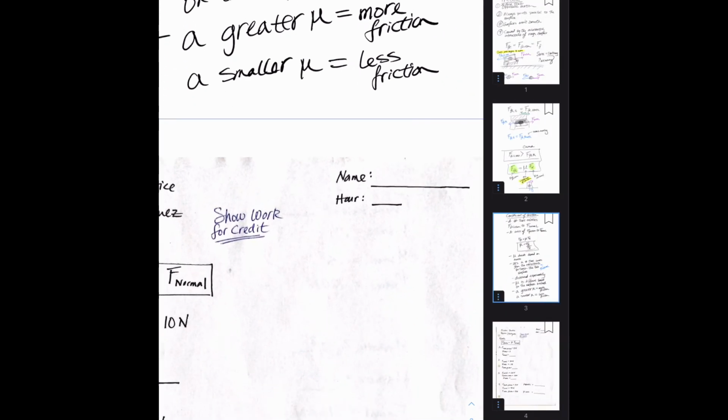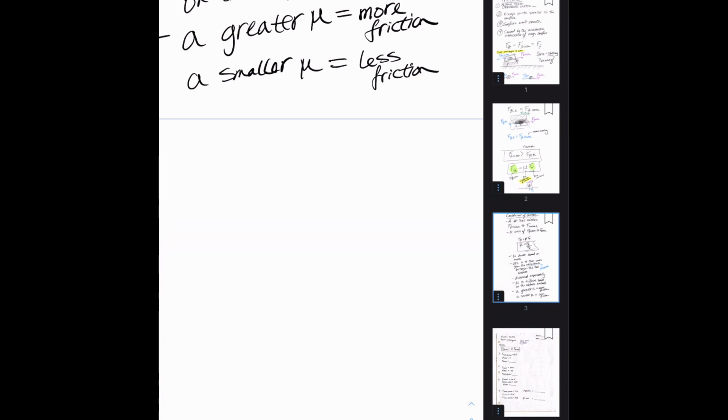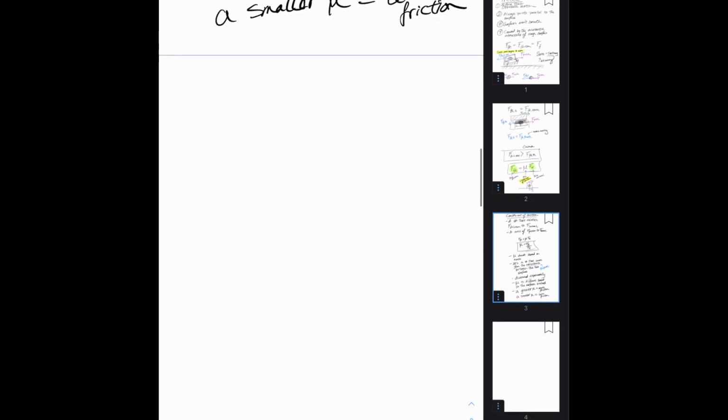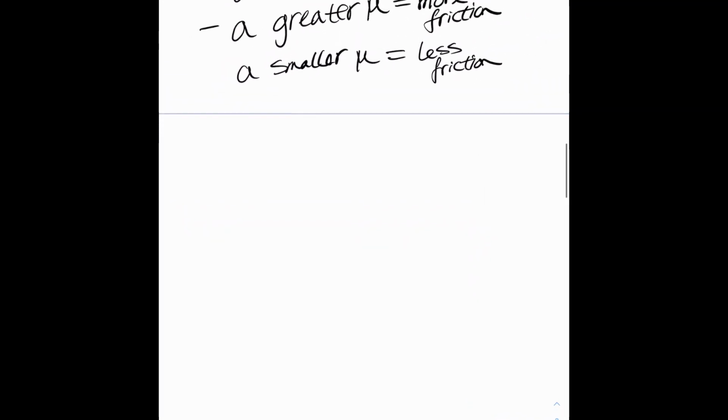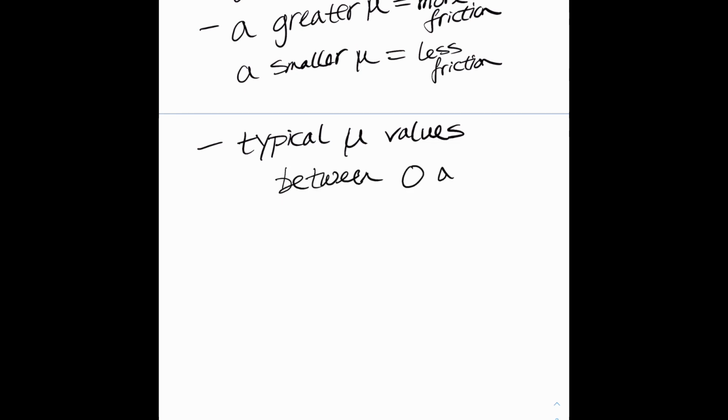Let's see here, one more page. Close this. So typical mu values, I would say, are between 0 and 1.